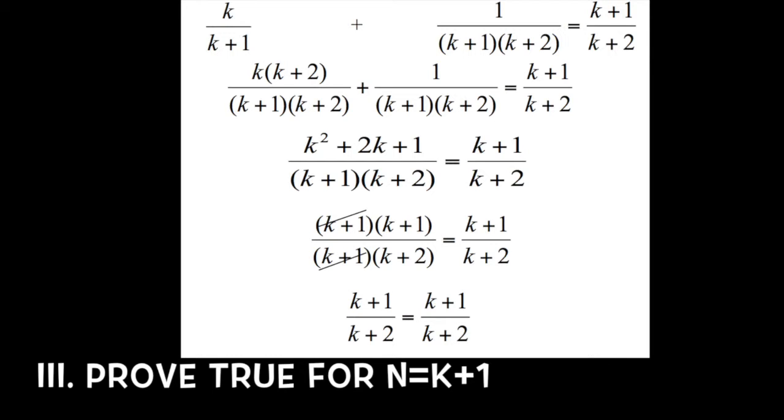The numerator k squared plus 2k plus 1 will factor into (k plus 1) times (k plus 1). So one of the k plus 1s in the numerator will cancel with the k plus 1 in the denominator. Now the expression on the left is just (k plus 1) over (k plus 2). This matches the expression on the right, which signals that we have successfully proven this arithmetic series.